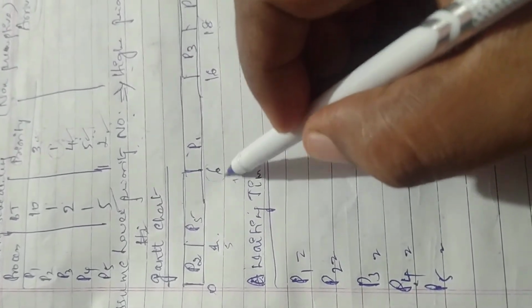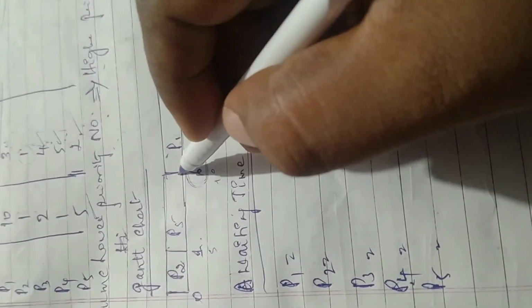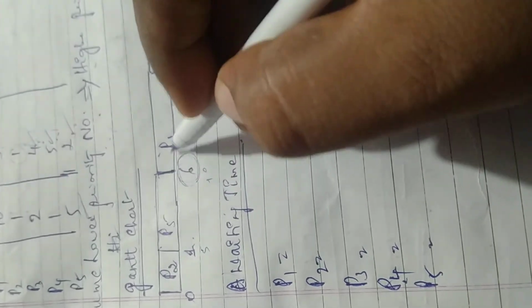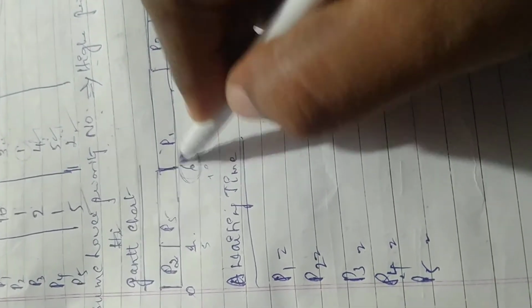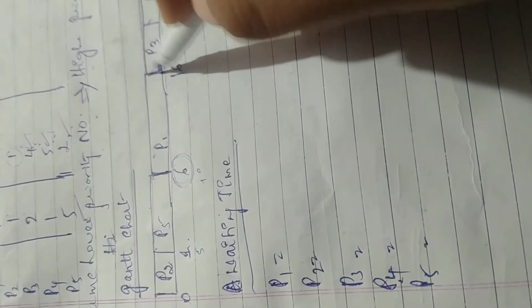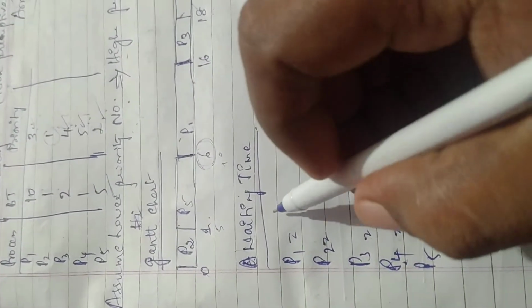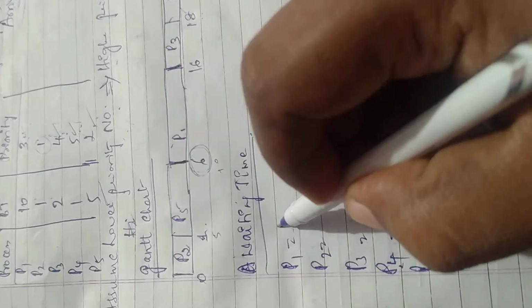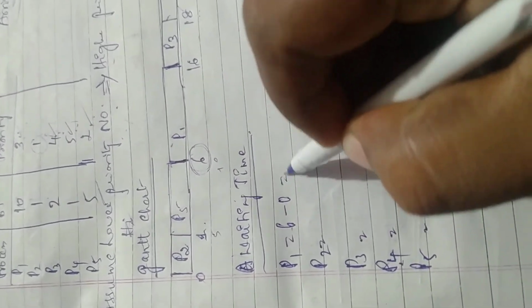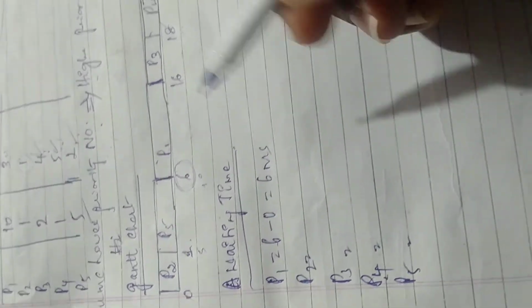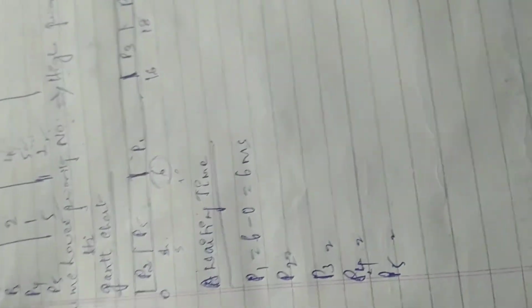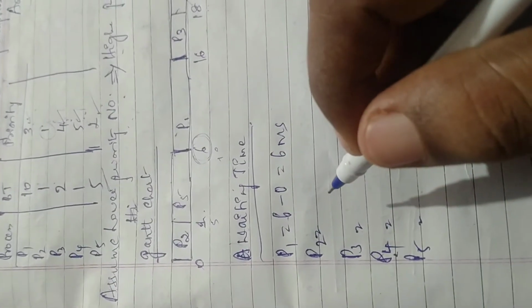At what time did it get the CPU? The left side of the block is when it got the CPU, and the right side is when it finished. P1 came in at 0 milliseconds, but it got the CPU at 6 milliseconds. So 6 minus 0 is 6 milliseconds. You don't have P1 again anyway, so it is just 6 milliseconds.